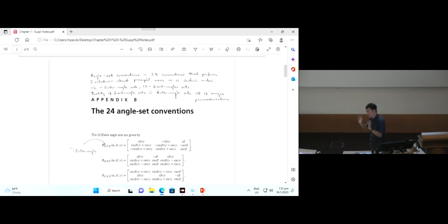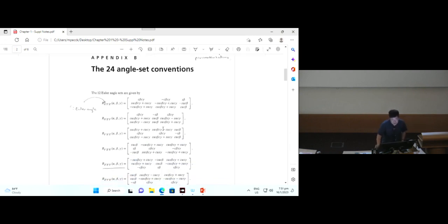Just now we have shown that if we do a fixed angle x, y, z, the result is actually the same as the Euler z, y, x. Okay. So there's a duality. This is where the term duality comes from. Usually to indicate that this is an Euler set, we put x prime, y prime, z prime.